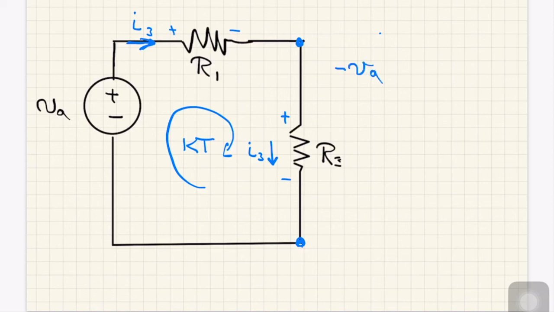We can say minus VA, because we're counting that negative sign first, plus I3 times R1, and then we go down here and we see plus I3 times R3. Sorry, that was meant to be a 3 here. Got a little bit mottled. Okay, so that's the equation we have, and that's equal to 0.